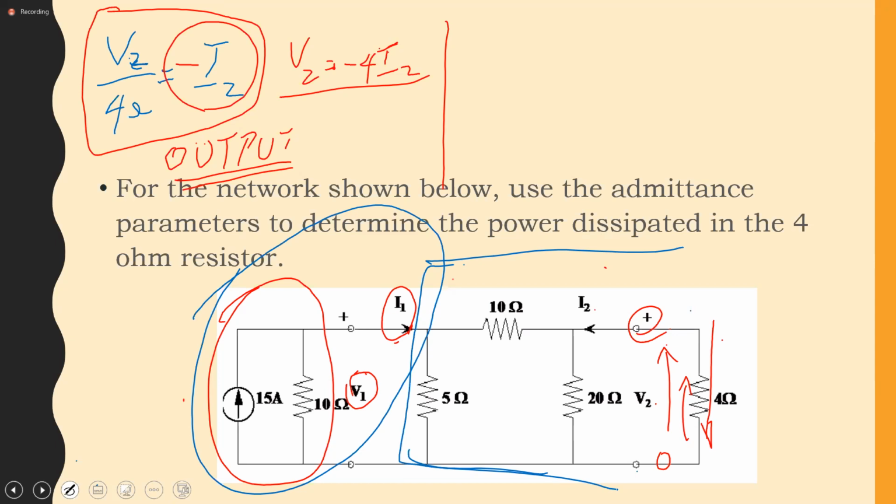I would say V1 is equal to 15 amp minus I1 times 10 ohm. Go again. V1 equals 15 amps minus I1 in bracket times the 10 ohm. All right.